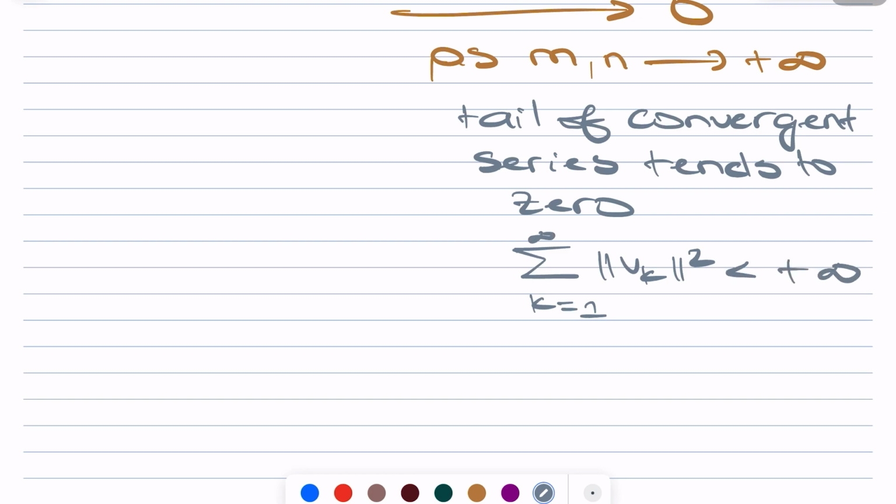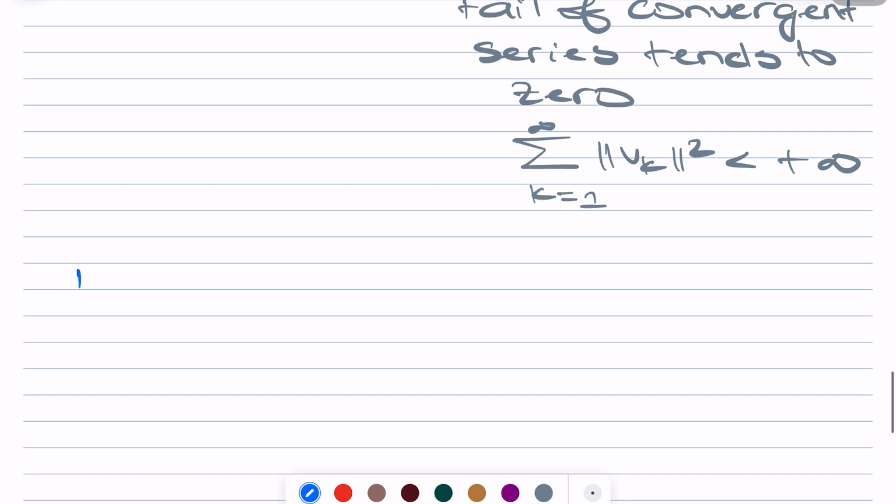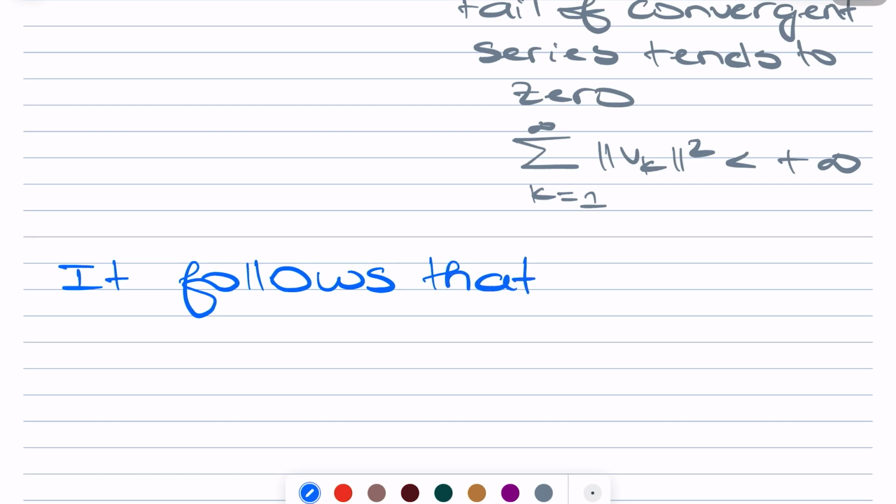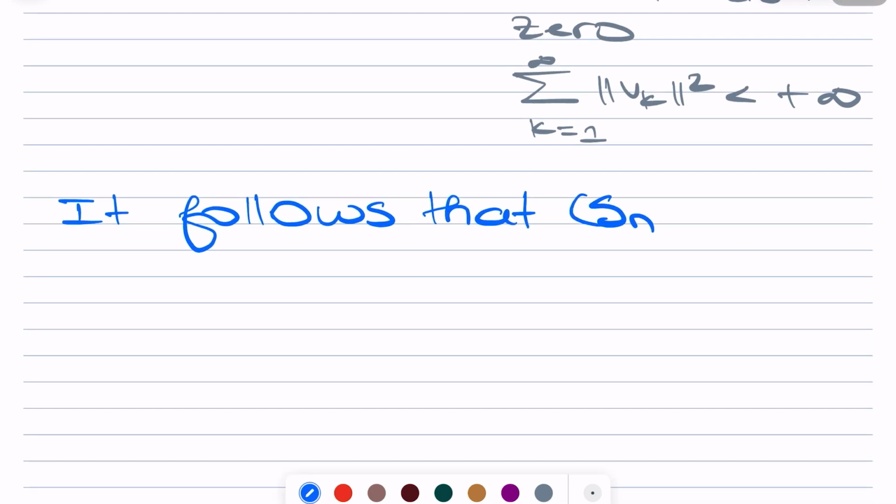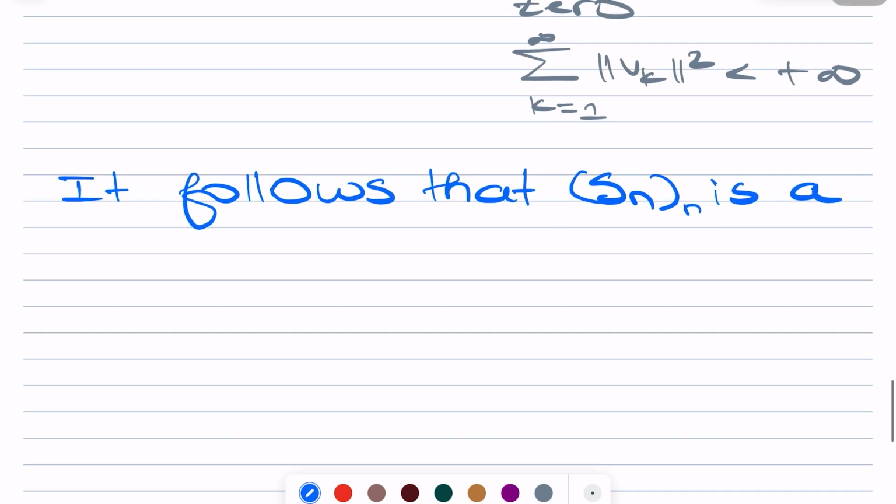So it follows that Sn is a Cauchy sequence.